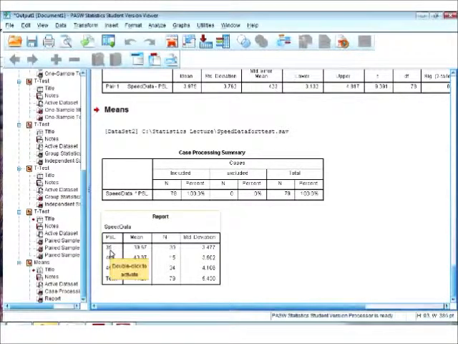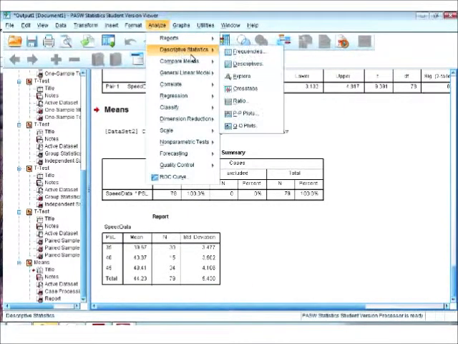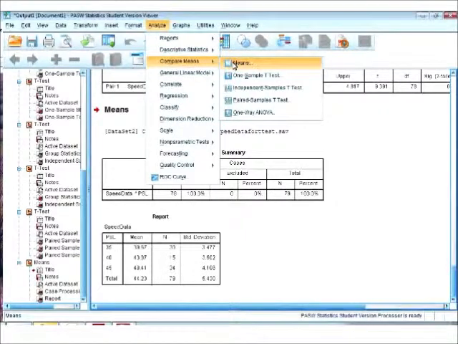So within this group of 35 miles per hour, our mean speed is 39. Within this group, the mean speed is this. Within this group is this. It's just comparing the means. It's just showing what our mean values are, and then the sample size here and the standard deviation here. So we can compare the means and see how much different they are.